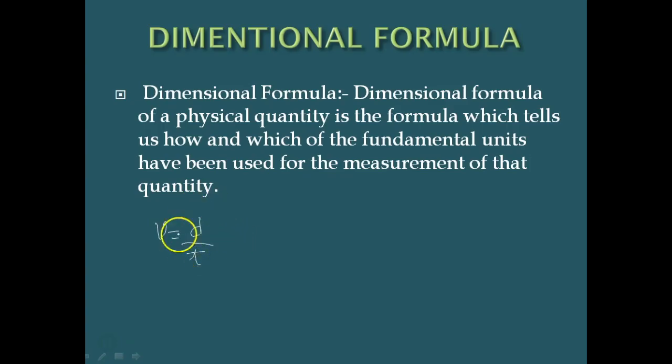The dimensional formula tells which quantities are used for the measurement of velocity. It is distance and time, isn't it? And we can write the appropriate dimensions for that. For time, it is T raised to 1, and the dimensional formula for velocity is M raised to 0, L raised to 1 and T raised to minus 1.